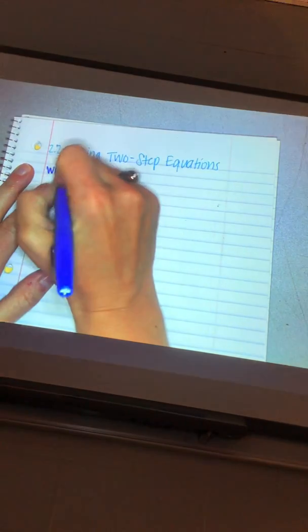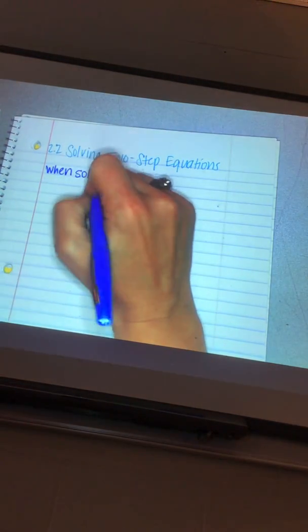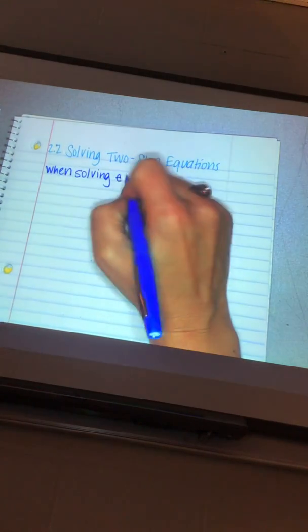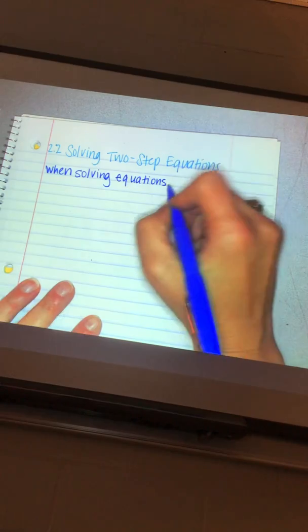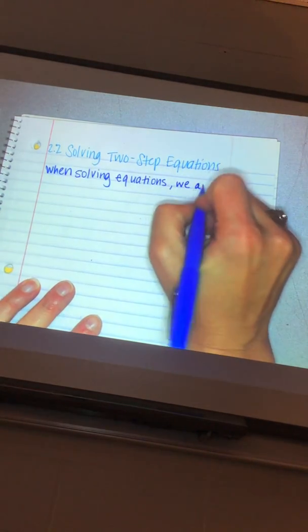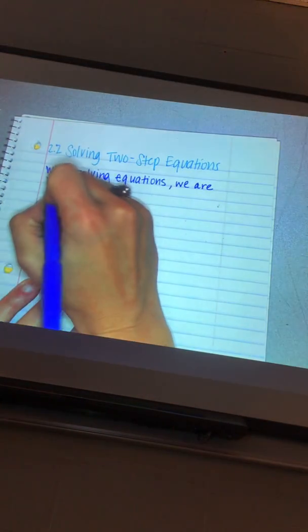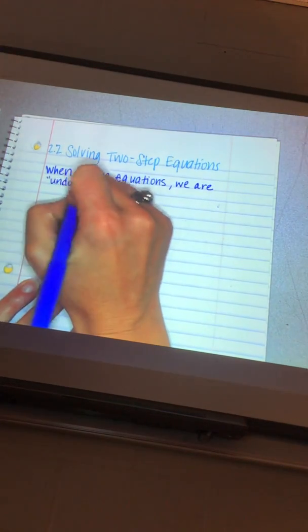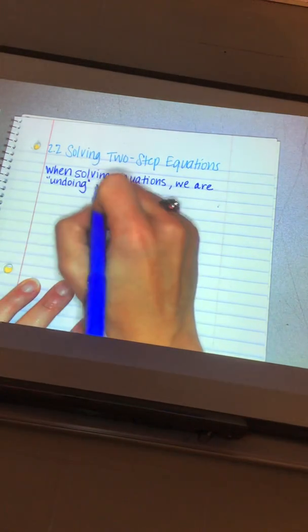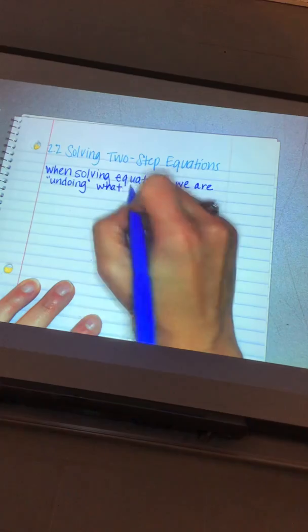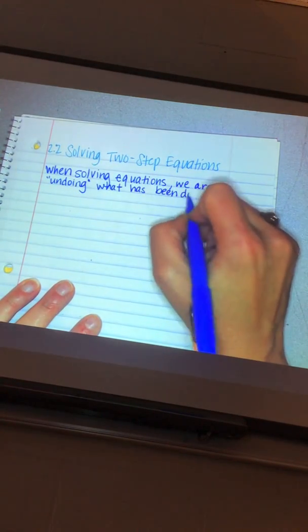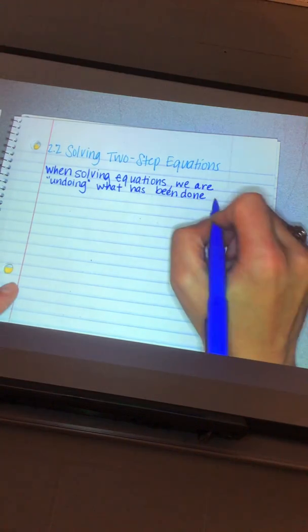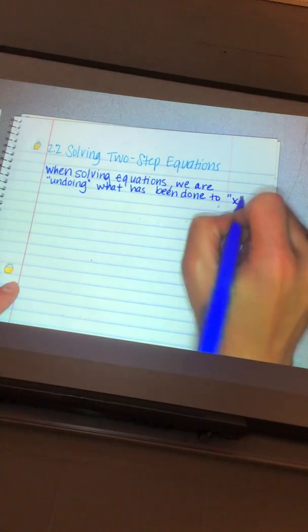When solving equations, we are undoing what has been done to x, or whatever variable we're using.